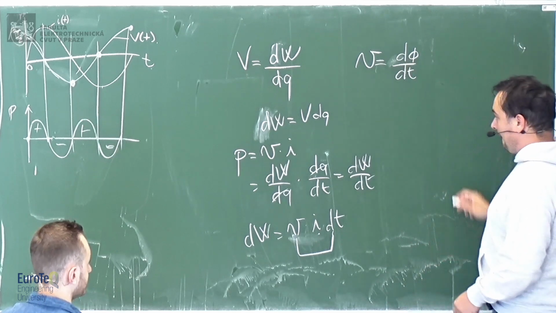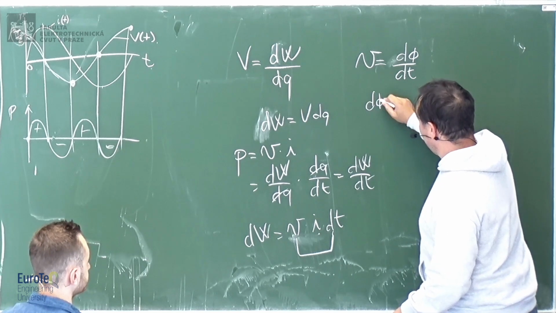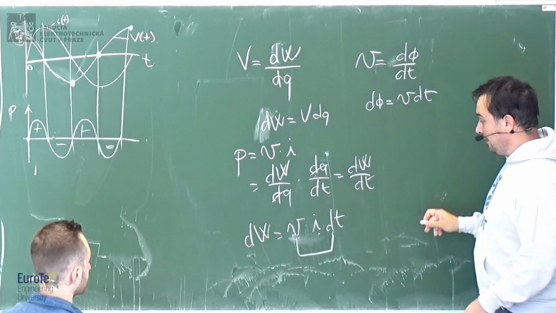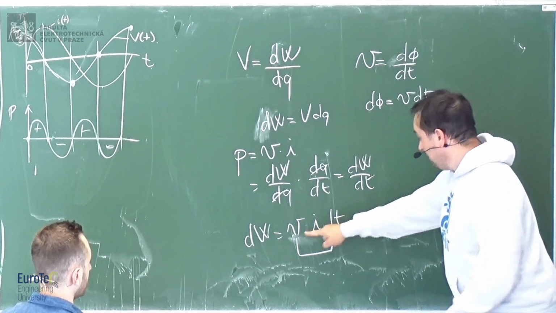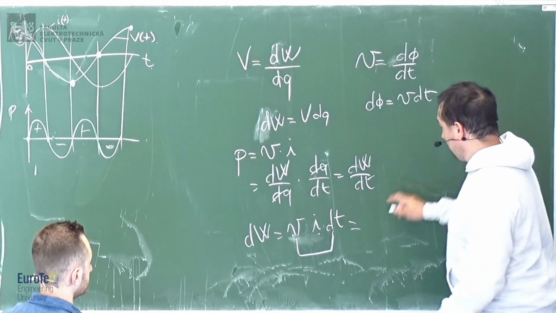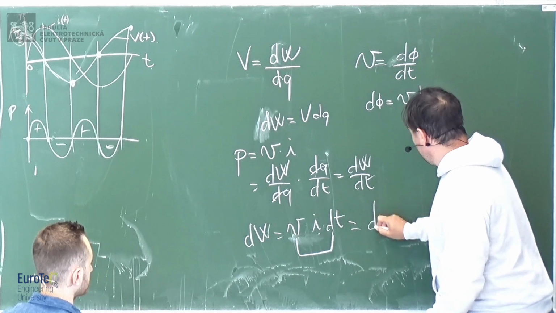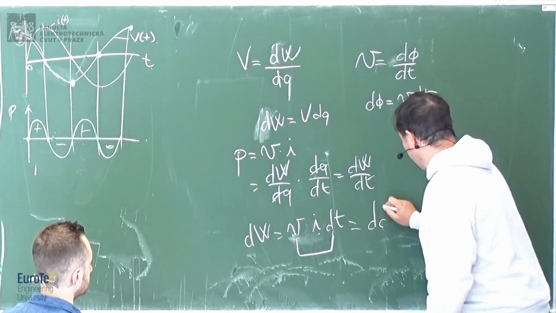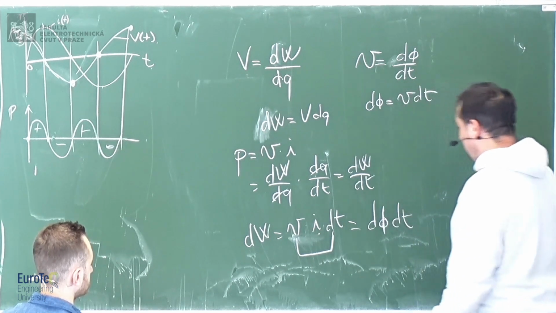Let's forget about the negative sign for the moment. So d phi is equal to V dt, okay? So here dW is equal to I V dt, which is I d phi. Now there's something wrong.